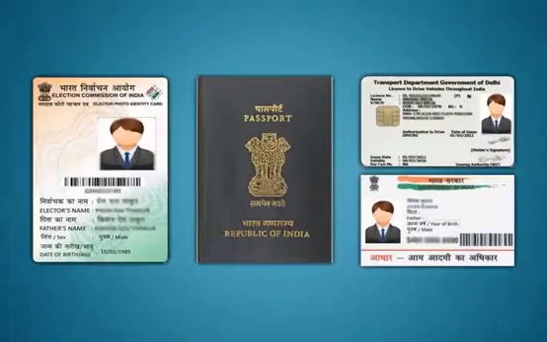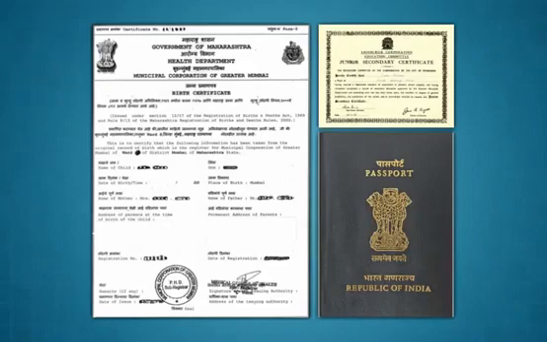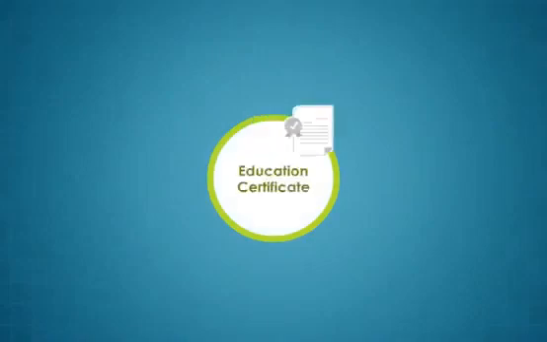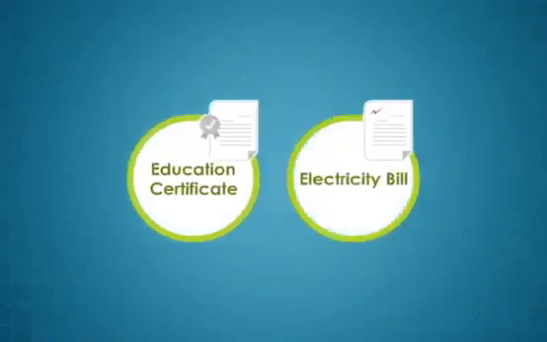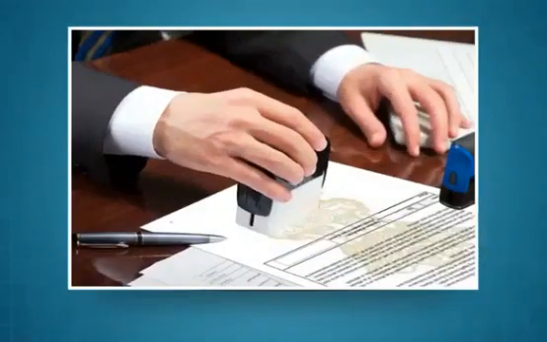Any of your present residential proof documents as mentioned earlier. Proof of date of birth like birth certificate, school certificate or passport. Proof of continuous stay in Delhi for the last 3 years such as education certificate, electricity bill, house tax, water bill, etc. Note, it is important to know that all documents need to be attested by a gazetted officer.